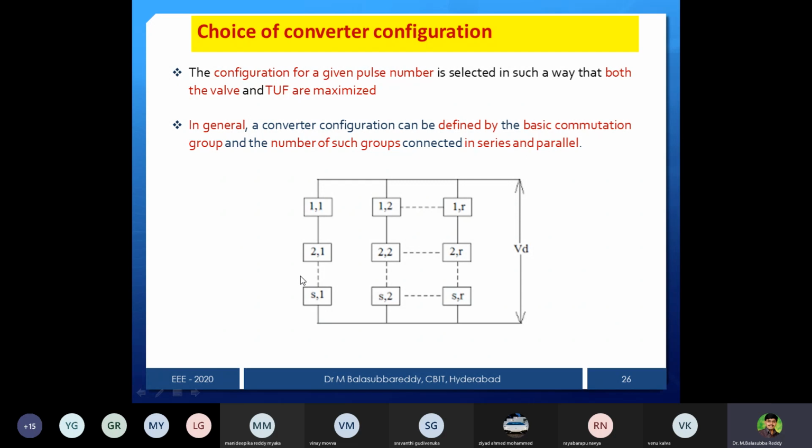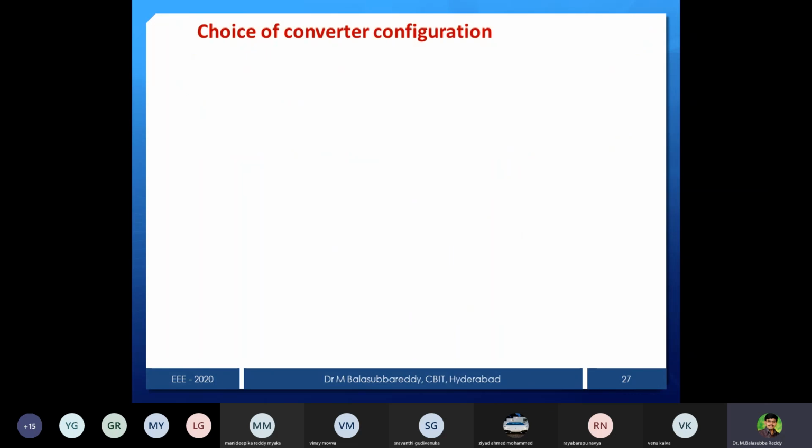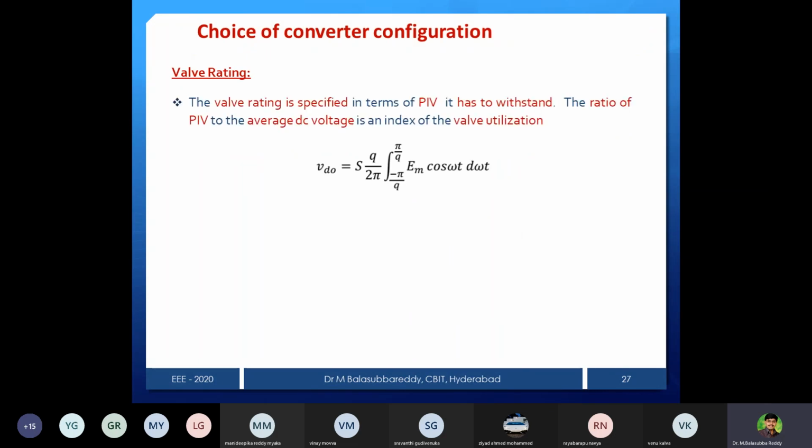That many basic commutation groups are connected in series, and once connected in series, that type of setup you have to connect in parallel to maintain the constant current and improve the current rating. Finally, you can get our VD with high accuracy, because we connected a number of groups in series or in parallel.